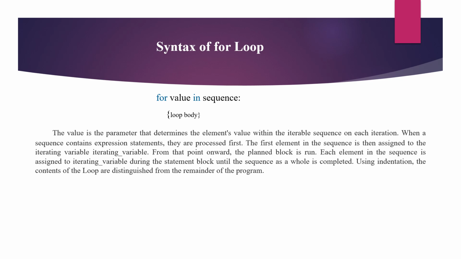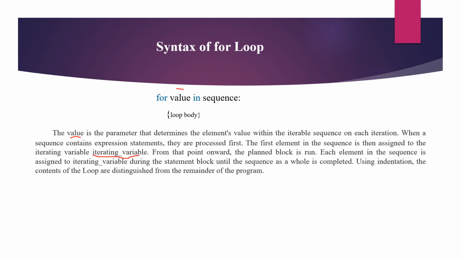Syntax of for loop. This is the syntax. The value is the parameter that determines the element's value within the iterable sequence on each iteration. When a sequence contains expression statements, they are processed first. The first element in the sequence is then assigned to the iterating variable.